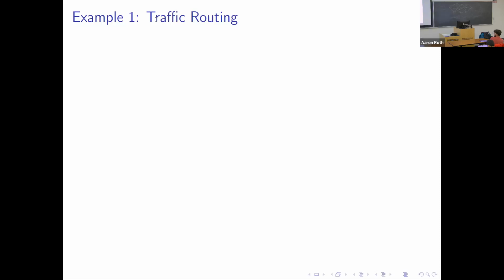If I want to think about how to drive in Philadelphia, I don't have to imagine some exponentially large object. It's enough to have some idea of what the Philadelphia road network looks like and what traffic is on different routes. That lets us think about games that implicitly have large numbers of players and large numbers of actions. Okay. Questions? Yep.